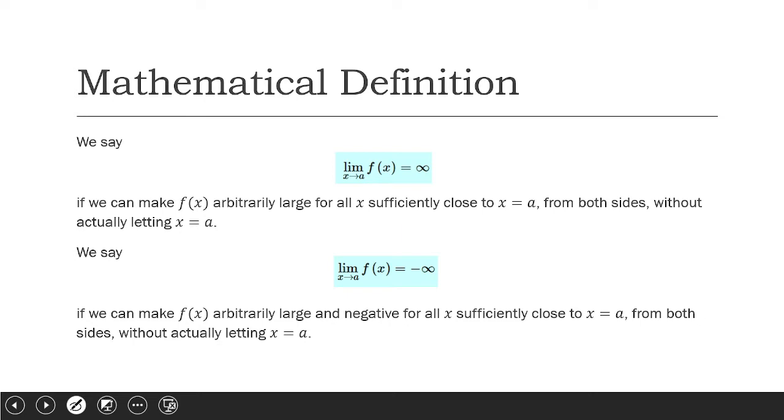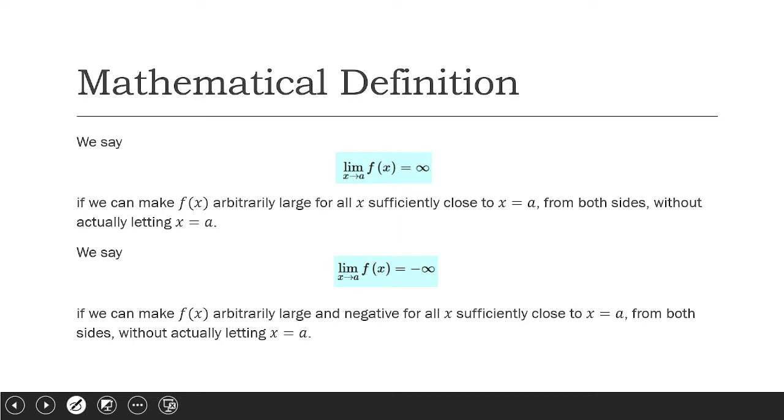If the limit natin as x approaches a becomes a very, very large positive number, then kumbaga habang yung x natin papalapit ng papalapit sa a but not exactly equal to a, at yung trend is we are approaching infinity, then therefore, our limit is positive infinity.